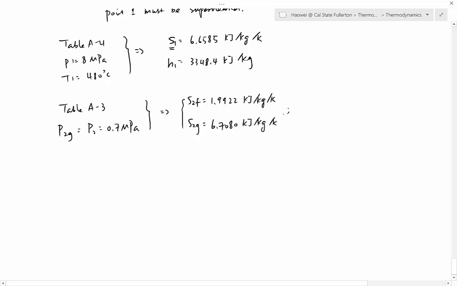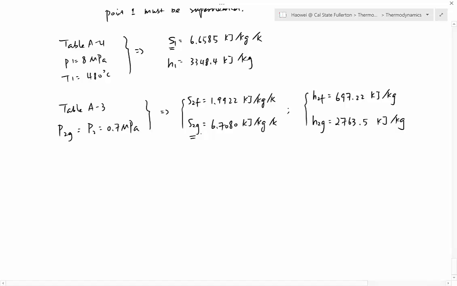Okay, since I am at table A3, I might as well also write down HF and HG. So now we found our first reference as S2G.